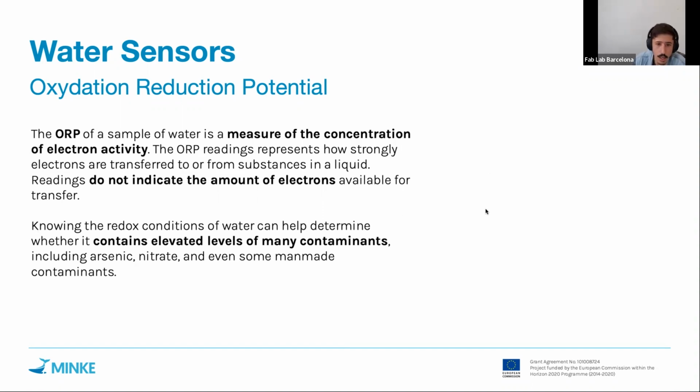And this can indicate whether the water has elevated levels of contaminants. For instance, nitrates or arsenic or other man-made contaminants, such as heavy metals or others, can be determined by the ORP levels of water.